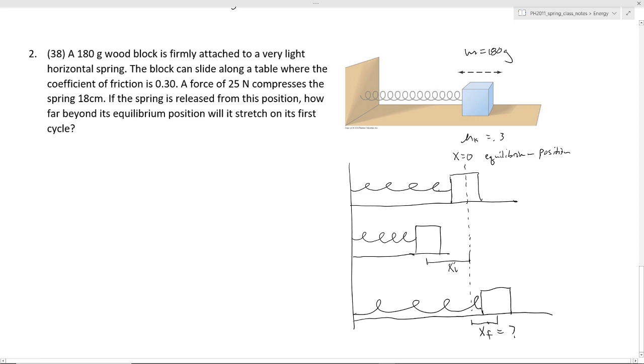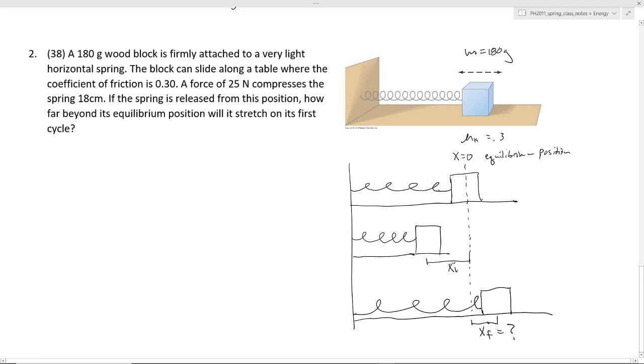Now, if there wasn't any friction present, what you would observe is that it would just flop beyond the equilibrium position the same distance, and it would flop back and forth forever.